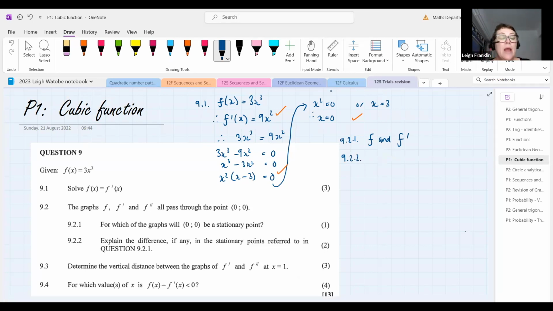Now 9.2.2. Explain the difference, if any, in the stationary points referred to in question 9.2.1.